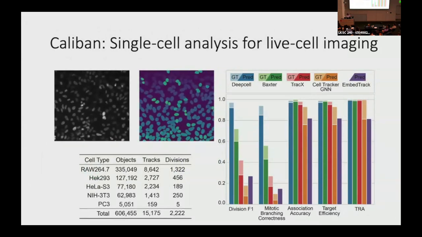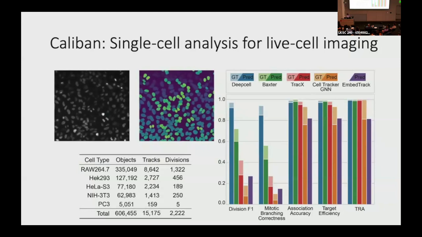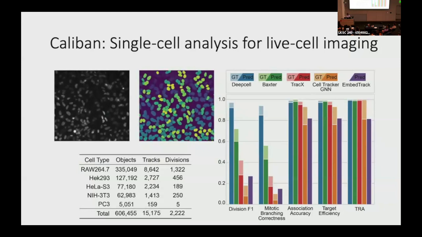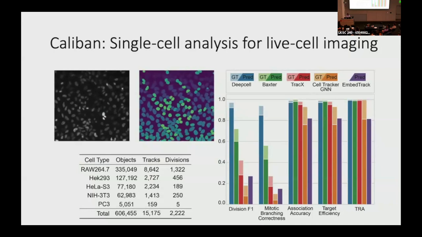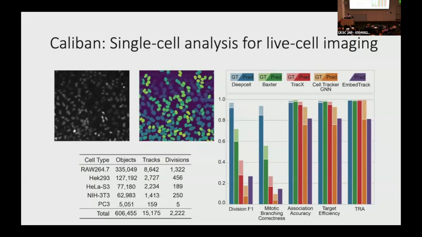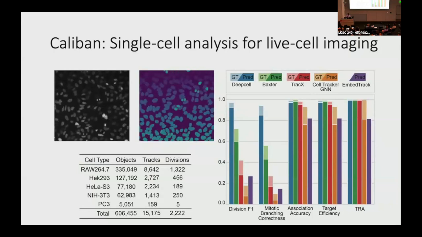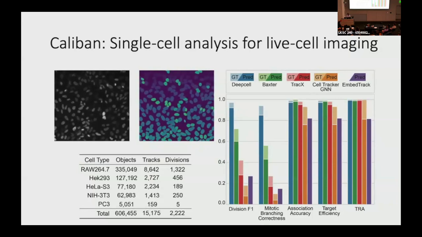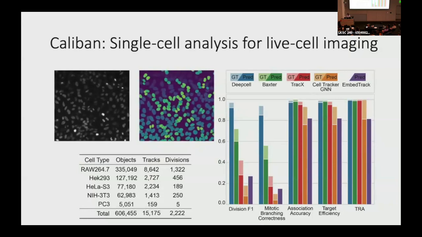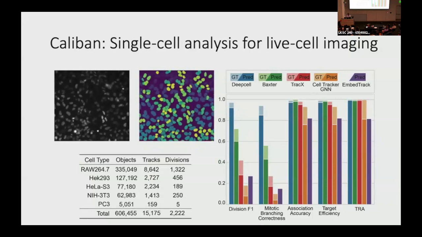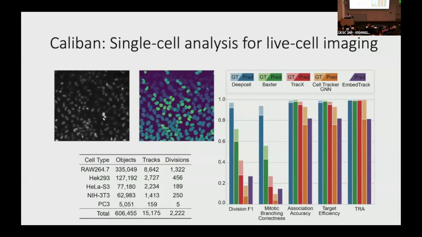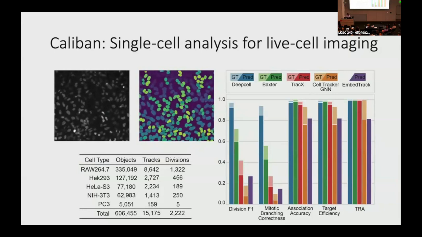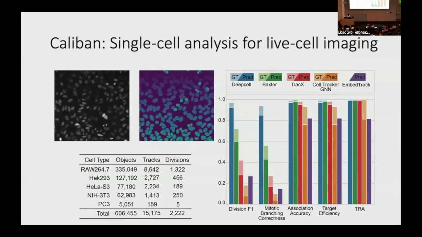This data set, I think we're calling it LiveCellNet, contains over 500,000 single cell labels spread across about 15,000 unique trajectories. Not surprisingly, the hardest part of this problem is just identifying the cell division events. Most existing data sets of this kind do not have enough cell divisions labeled to enable models to do this accurately. With a better data set, the accuracy of the cell division detection goes up substantially.